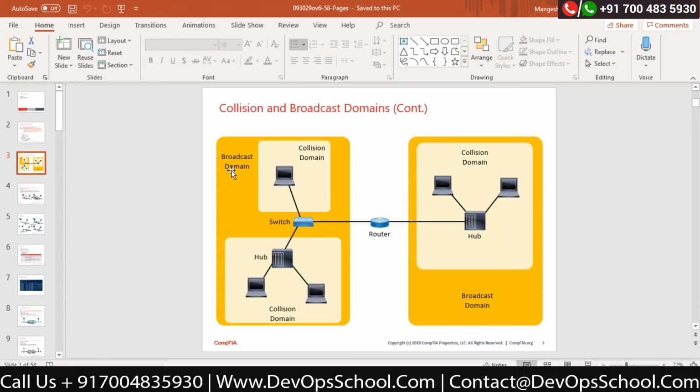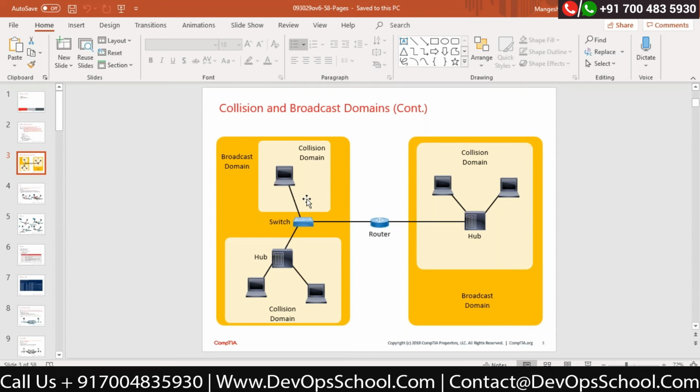Now to be honest with you, these terms, collision domain and broadcast domain, are very important from an exam perspective. In real life, nobody uses these terms at all. They will say L2 network, L3 network. L3 network means this router, correct? L2 network means this collision domain, correct?